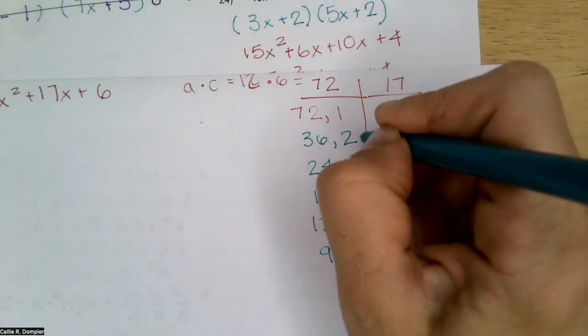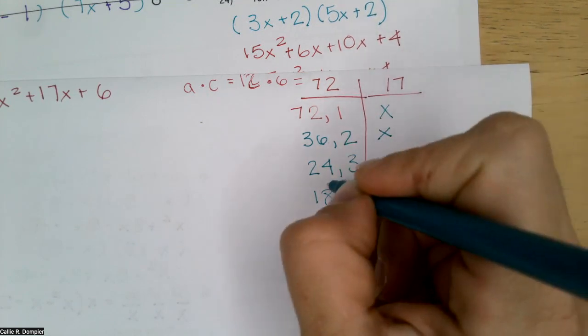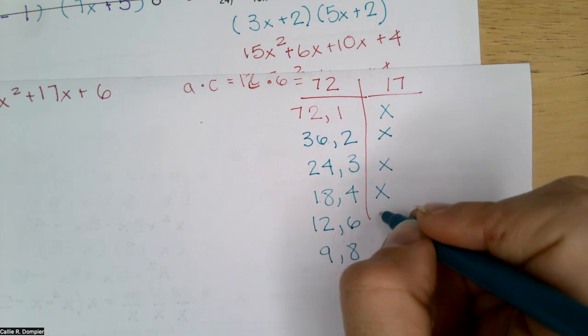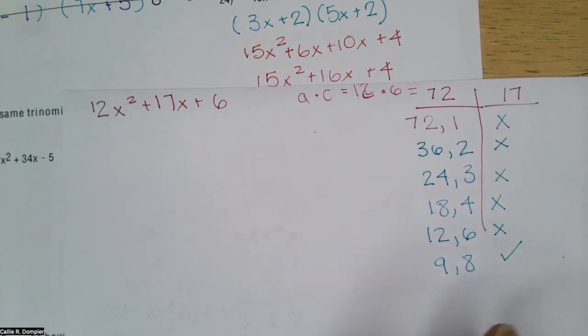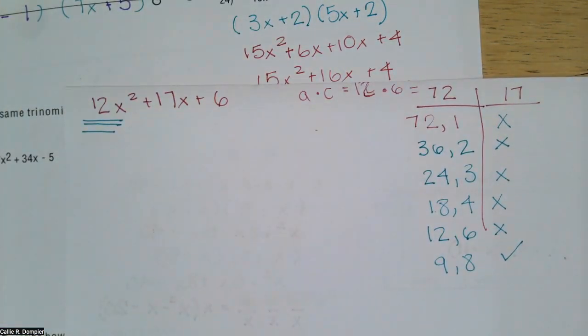So 36 plus 2 doesn't add to 17. 72 and 1 doesn't add to 17. 24 and 3 doesn't add to 17. 18 and 4 doesn't add to 17. 12 and 6? No. 9 and 8? Yes. So remember, this is not an x squared, it's a 12x squared.